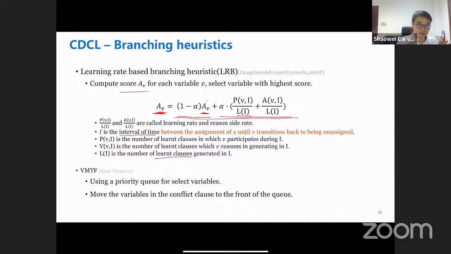So here we focus on a recent period related to this variable. And when we focus on this recent period, we count how many learned clauses V participates in. And this is P(V,I).